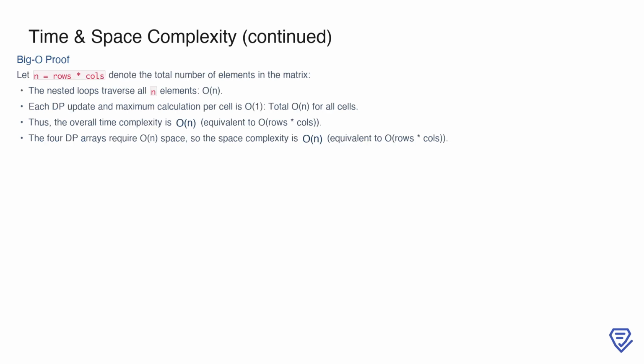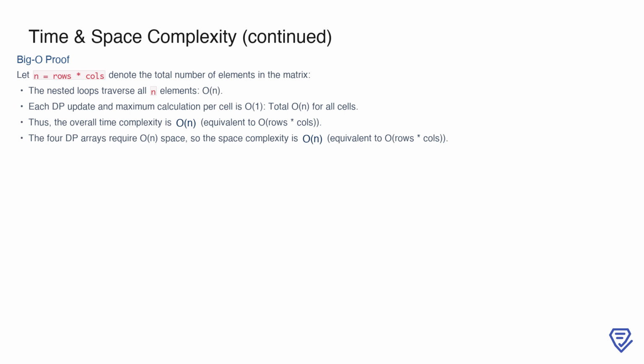To further solidify the time and space complexity analysis, let's denote n as rows multiplied by cols, the total number of elements in the matrix. The nested loops ensure all n elements are traversed, contributing O(n) to the time complexity. For each cell, constant time DP updates and maximum calculations are performed, which also contribute O(n) in total.